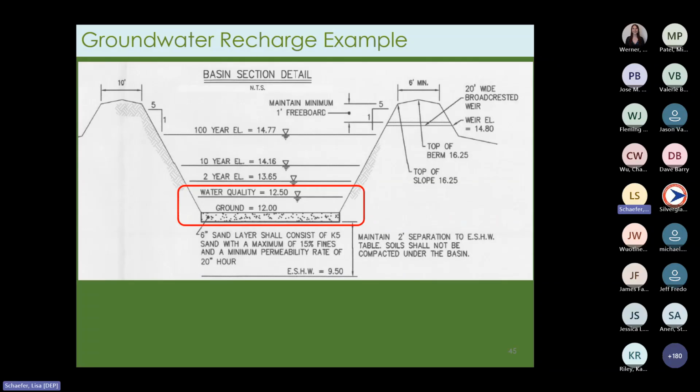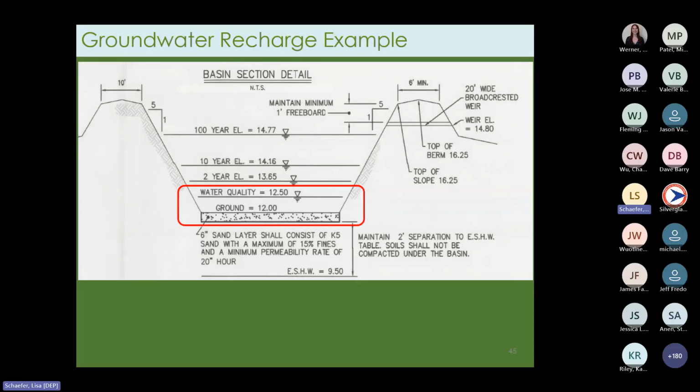From the figure, the maximum water level during the water quality design storm is at an elevation of 12.5 feet. Normally you have an orifice set at this elevation, so normally the dBMP would be the distance between the maximum water level of the water quality design storm and the bottom. However, in this case, there's a little bit of variation.